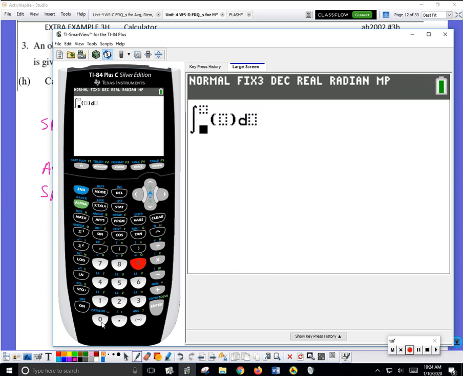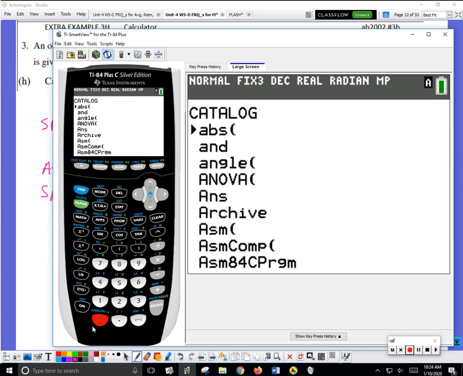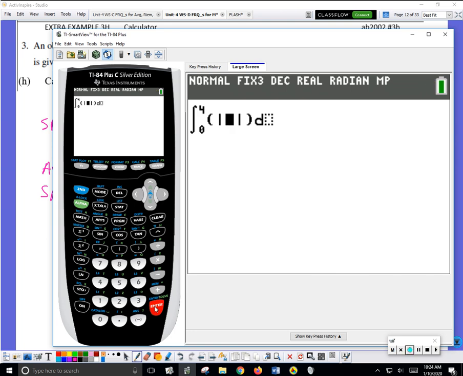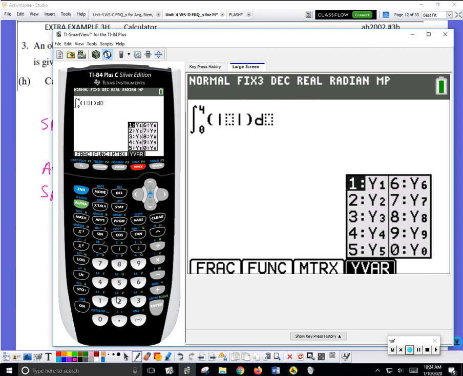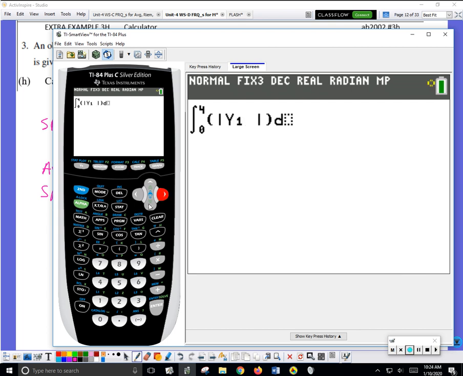I want to integrate from 0 to 4. And I want absolute value. So I say second catalog, and absolute value is first on the list. Now I want y1, which is my velocity. And then I want dx, of course.